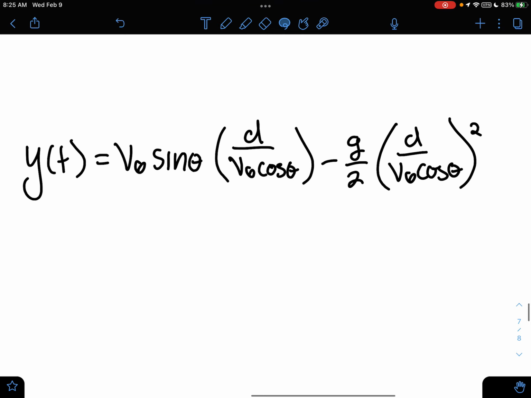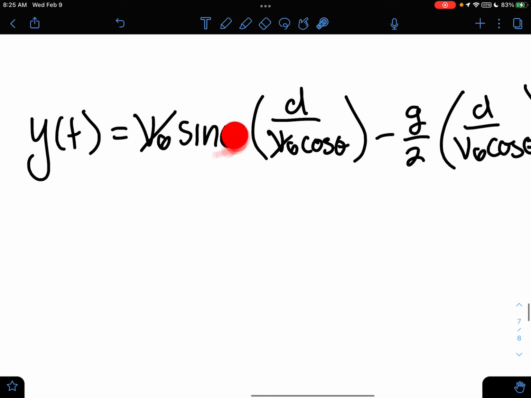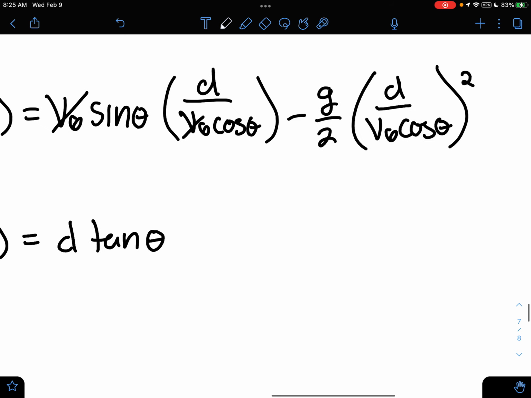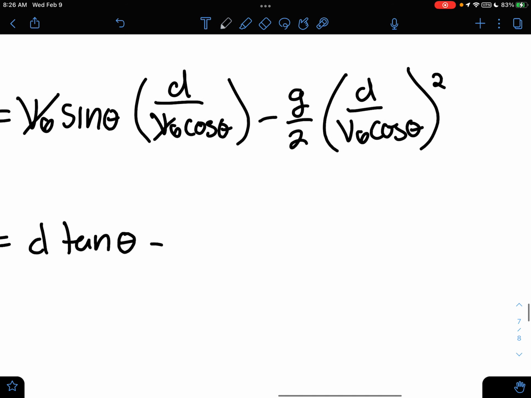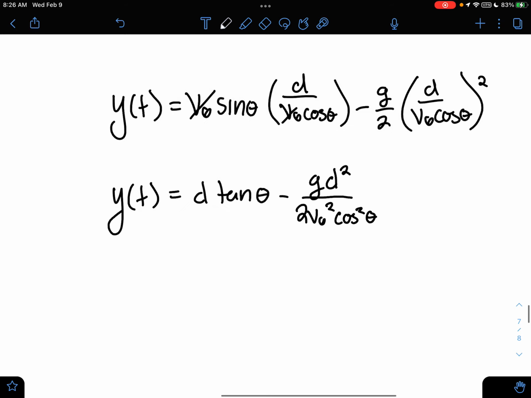It's kind of messy. The v naught divided by v naught is going to cancel out. Sine over cosine is tangent. So y of t equals d tan theta minus, and we're going to be squaring this, g d squared over 2 v naught squared cosine squared theta.